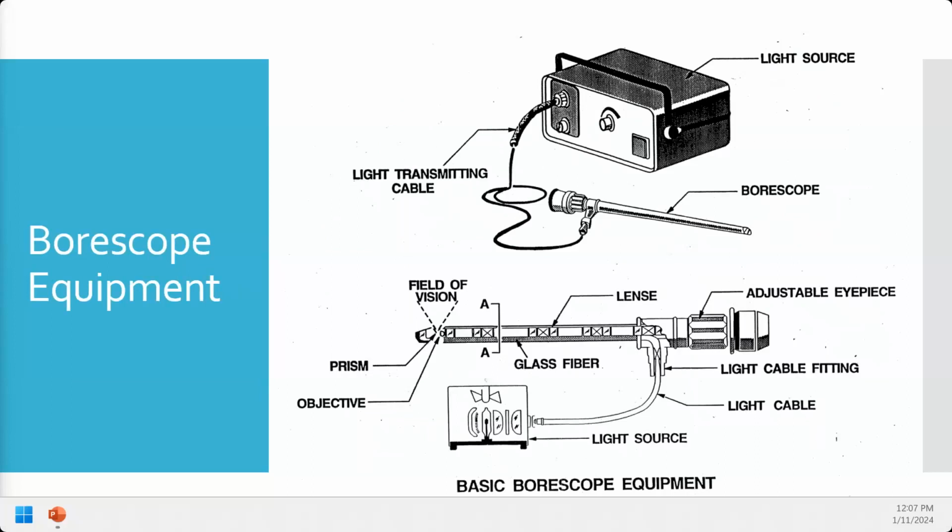One of the reasons these light cables went to fiber, and I mentioned this with the video scopes and the difference between our professional model and the ones we just got off Amazon, is that by having the light sources external from the scope, you don't have an ignition risk at the tip like you do with a light bulb.